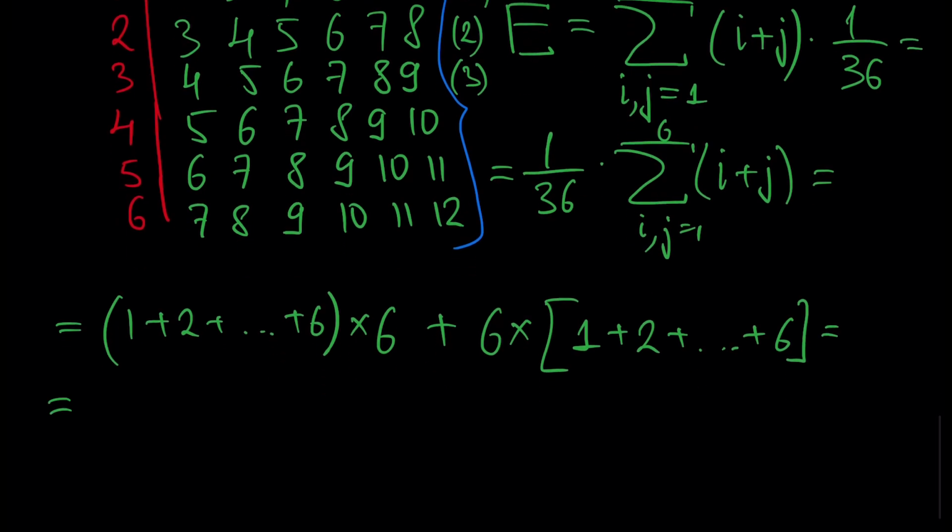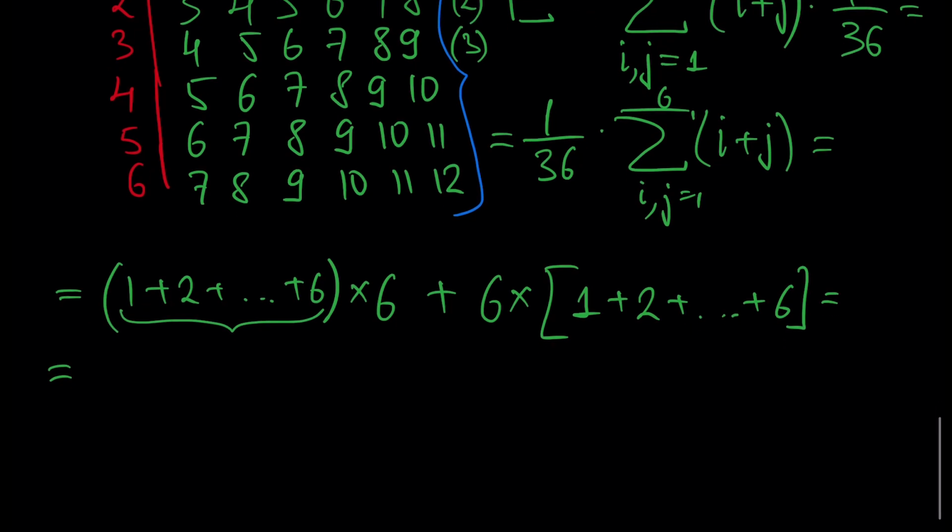Using previous problems, this is equal to 7 over 2, or 3.5. So this is equal to 6 plus 1 times 3, which is 21, okay?